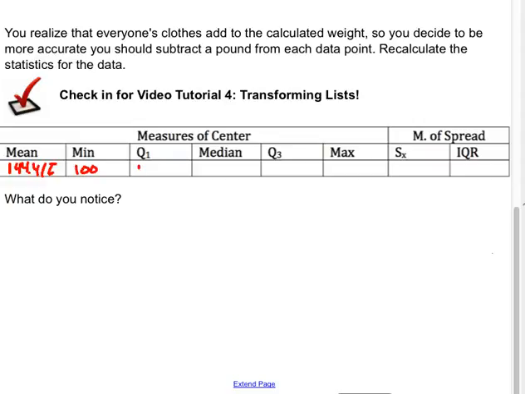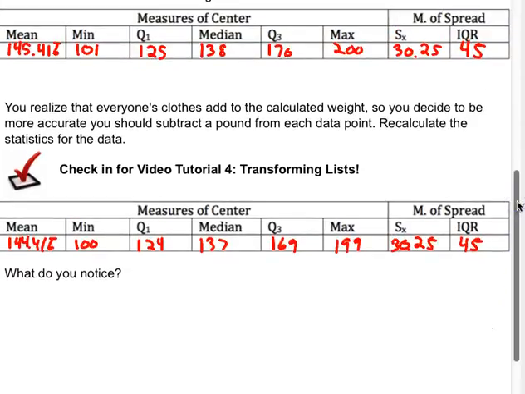Quartile 1 is 124. Median is 137. Q3 is 169. My max is 199. My standard deviation, 30.25. Interquartile range, 169 minus 124, which is 45.